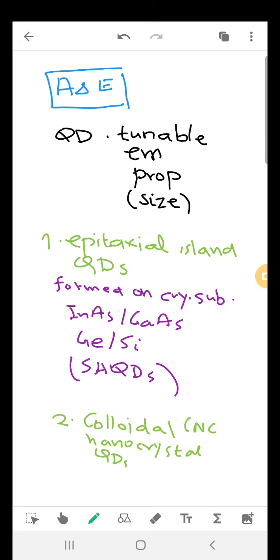So SAQDs are used in ultra low threshold and high speed lasers, and long wavelength infrared detectors.